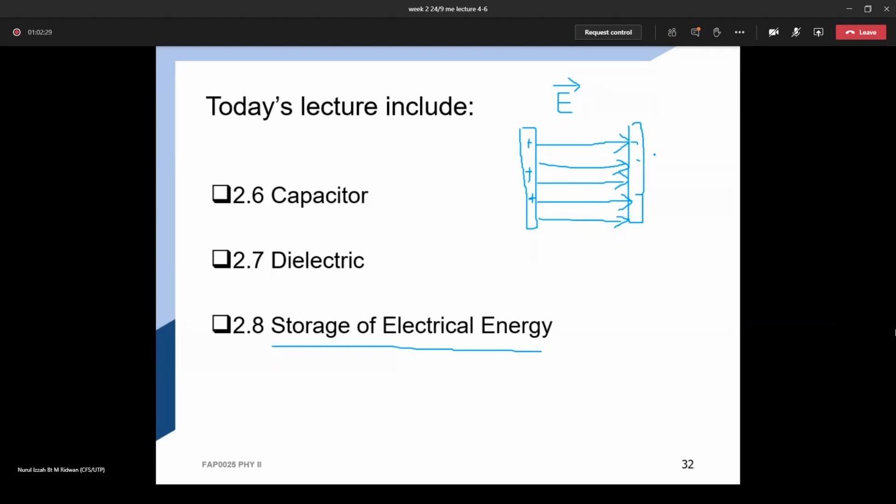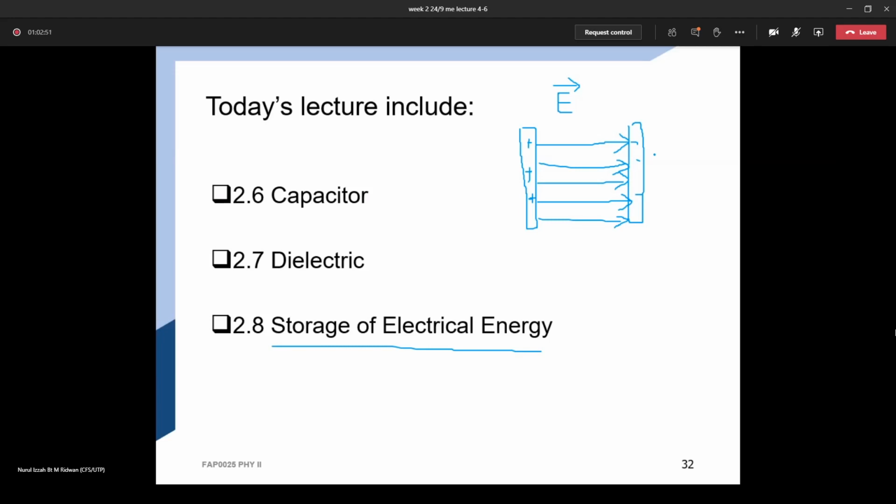Again, why do we need the capacitor? Because there will be energy stored in the capacitor, and we normally have capacitors in all electrical appliances. Why do we need the energy? For example, you have something like a fan.